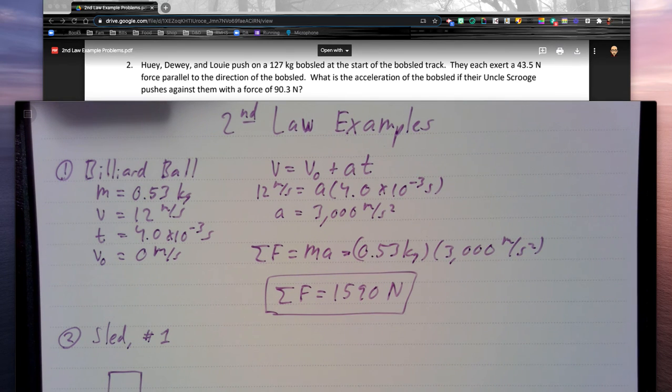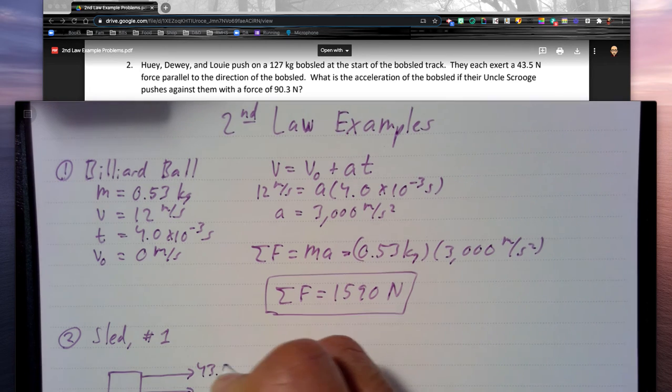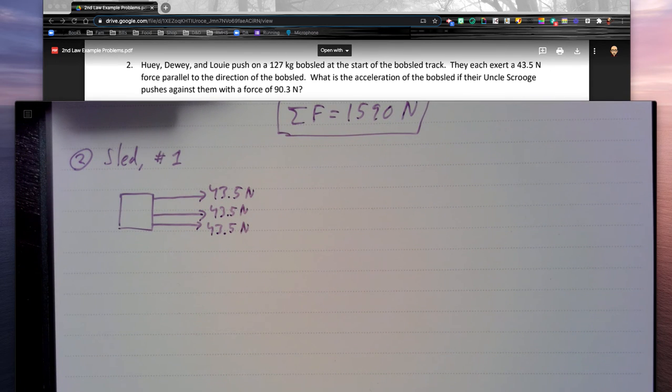It doesn't tell you which specific direction they're pushing in, so you can feel free to make things up. But for this one, Huey, Dewey, and Louie are each pushing with a force of 43.5 newtons. You can just write out the values of the forces as opposed to identifying the names of them.